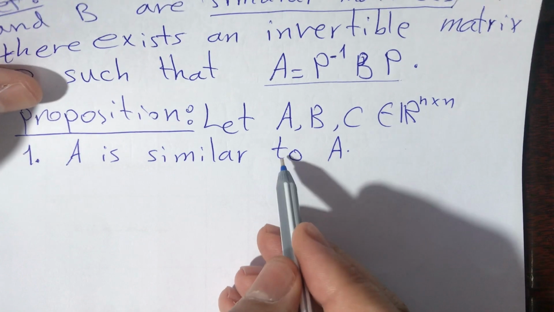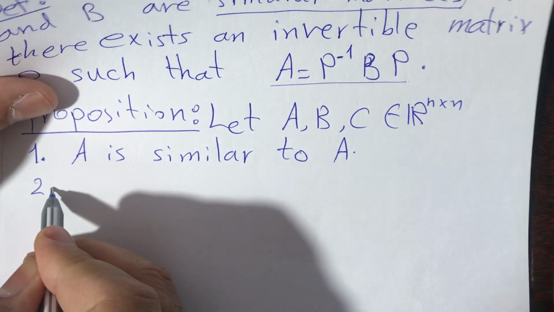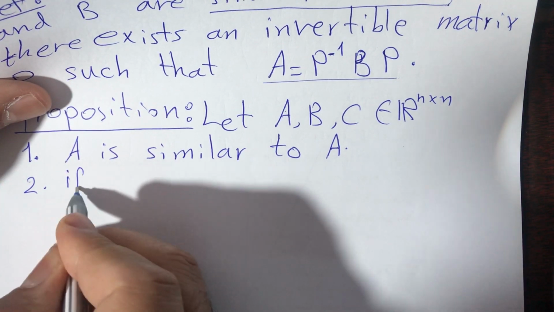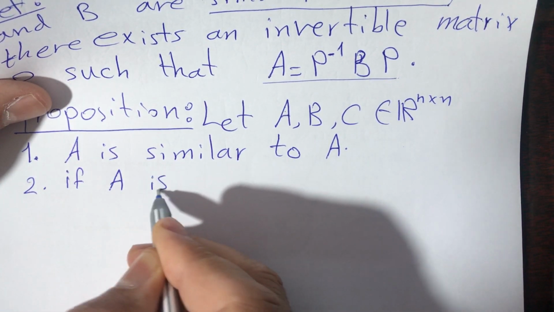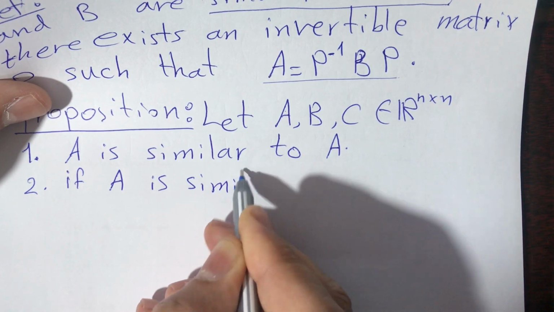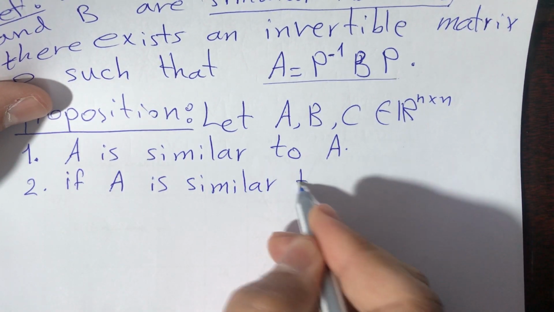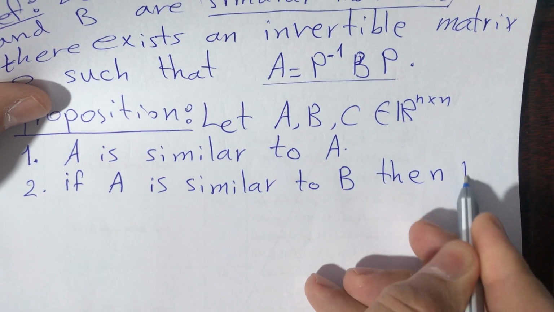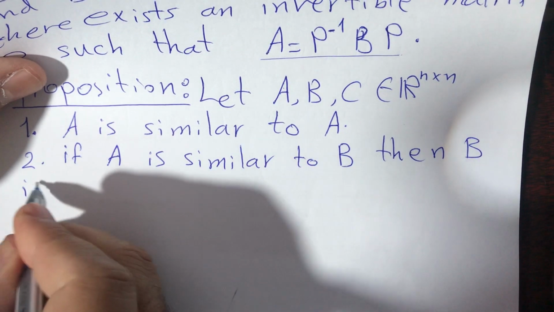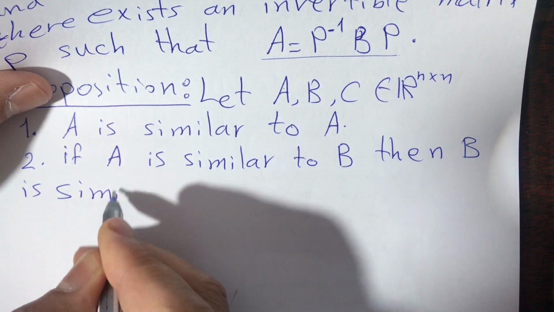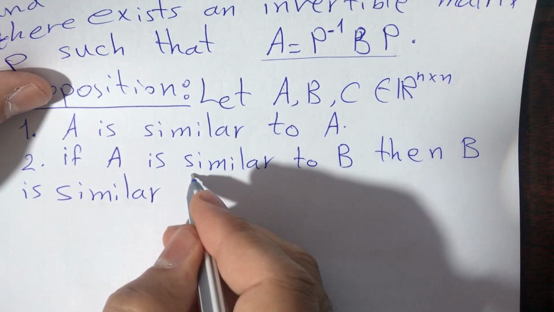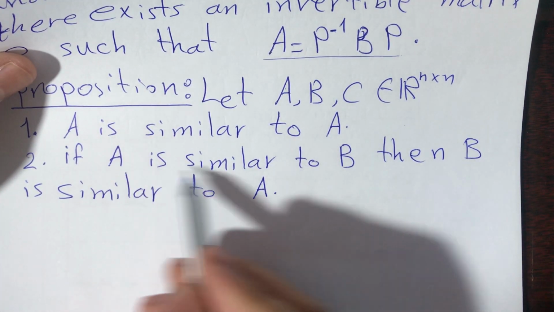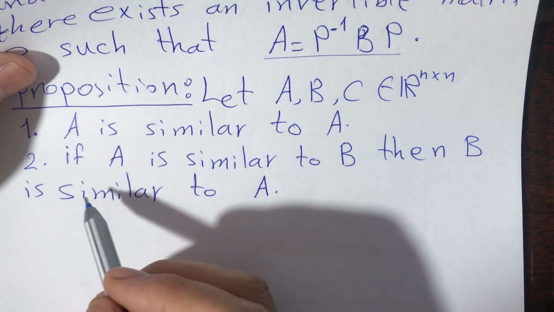Number 2: if A is similar to B, then B is similar to A, the opposite.